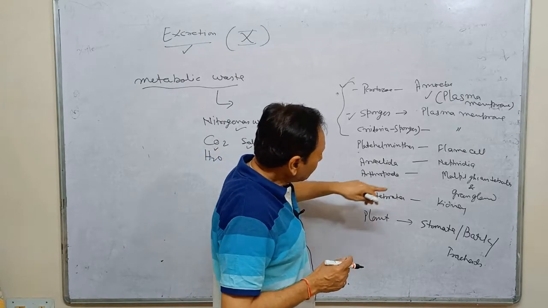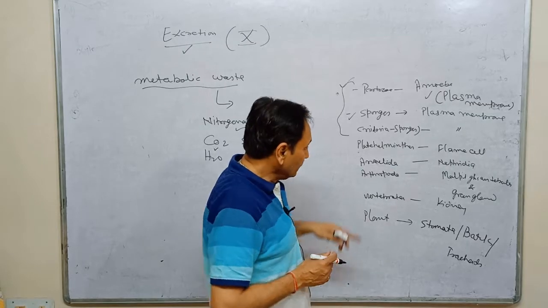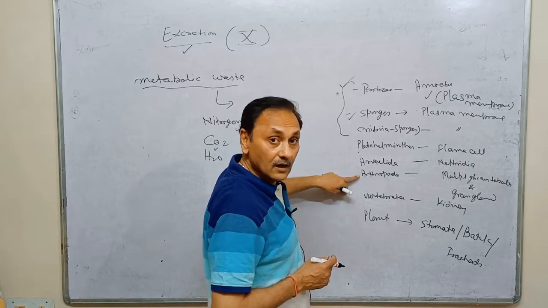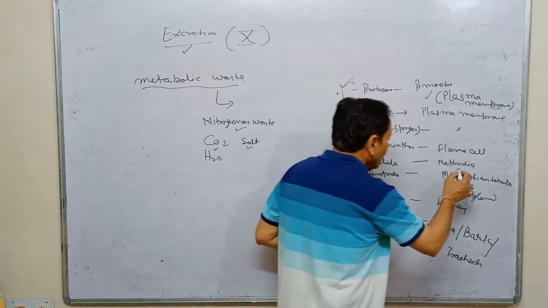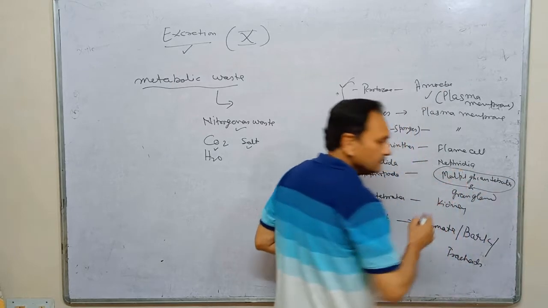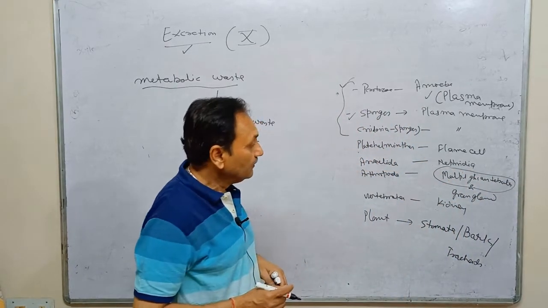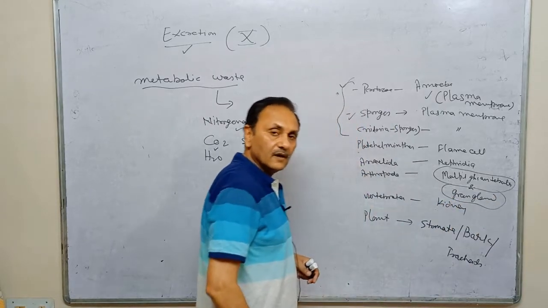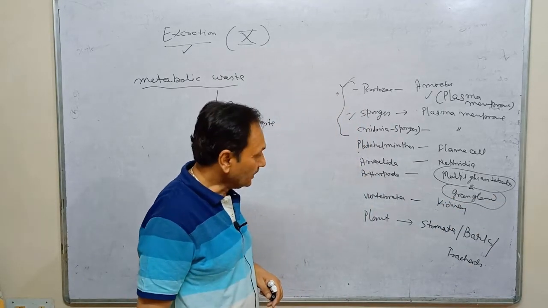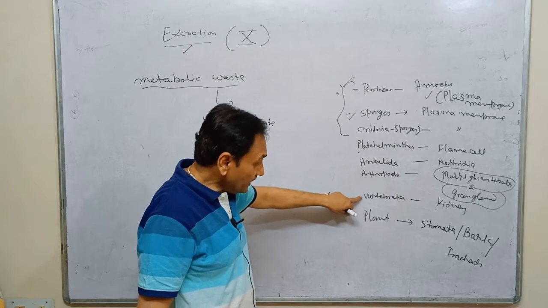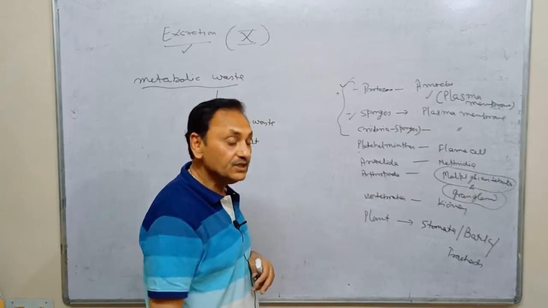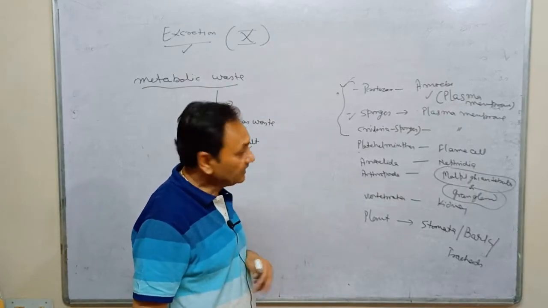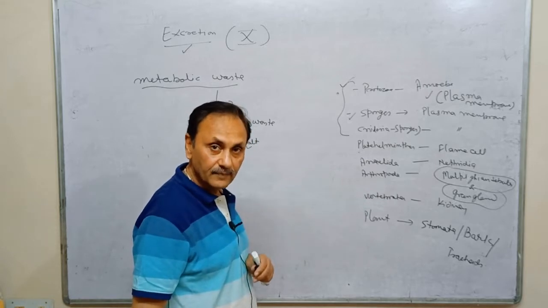In Annelida, nephridia are there. In Arthropoda, most individuals have Malpighian tubules as the excretory organ, but in certain cases the green gland is also present as the excretory organ. In vertebrates, various types of kidneys are responsible for the elimination of nitrogenous waste.